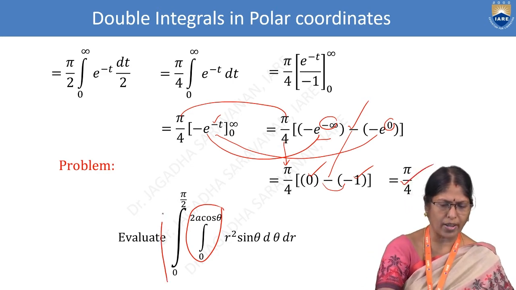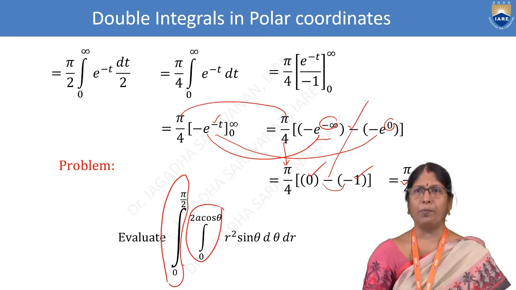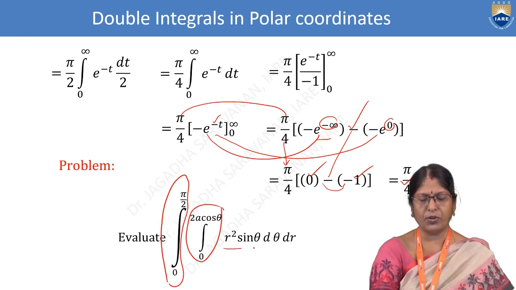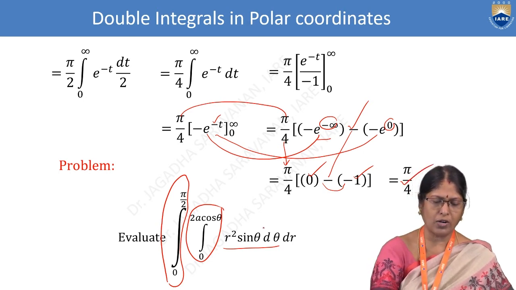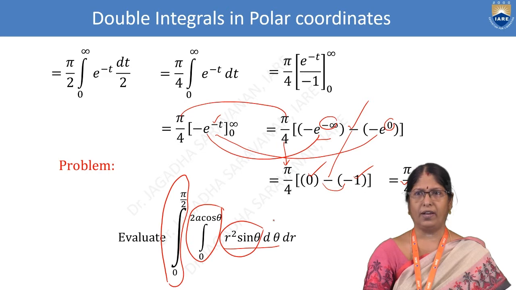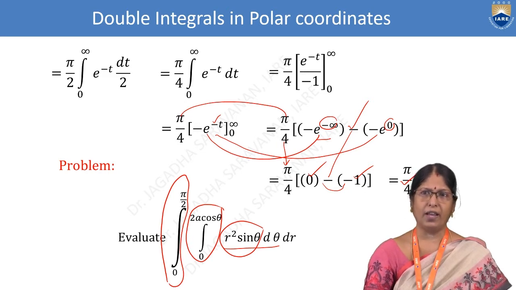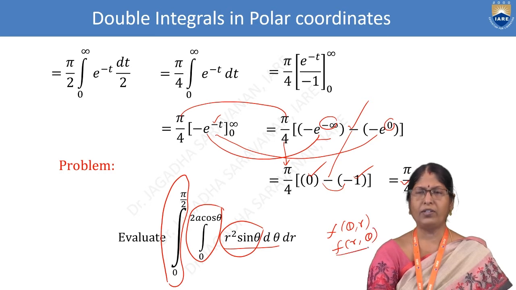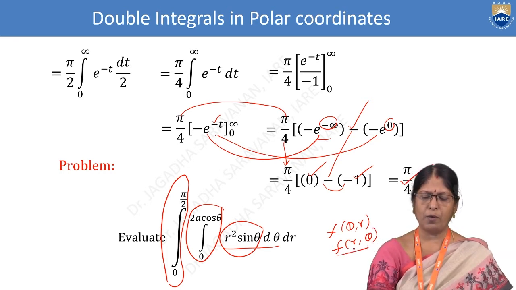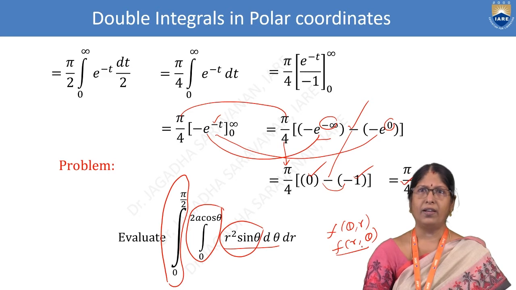The outer one is 0 to pi by 2, and the function in terms of r and theta is given as r square sine theta d theta dr. If it is f of theta comma r or f of r comma theta, a function defined in terms of r and theta, then it is a double integral in polar coordinates.